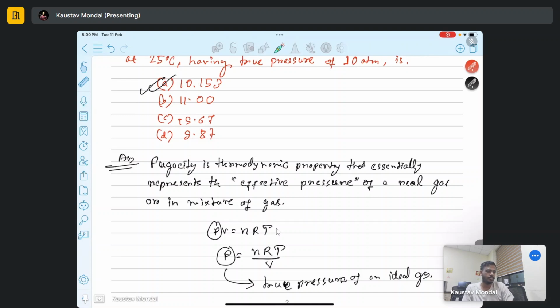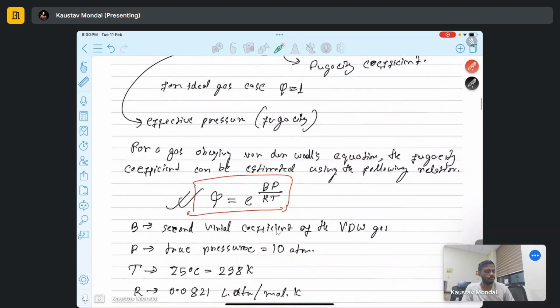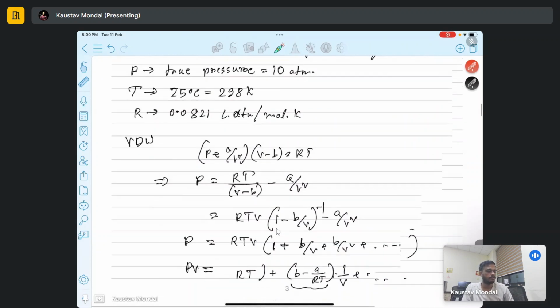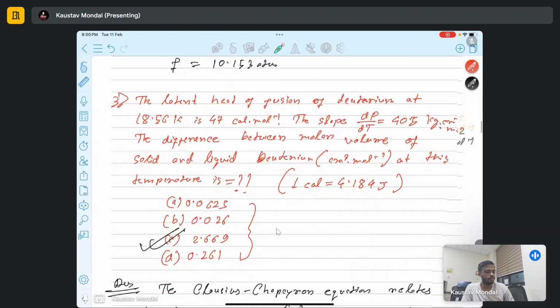That changed, effective pressure is termed fugacity. Using the coefficient of fugacity, we calculated the actual fugacity. So this is one problem.